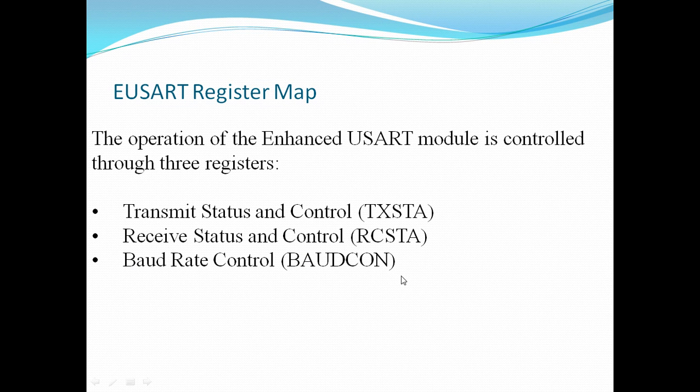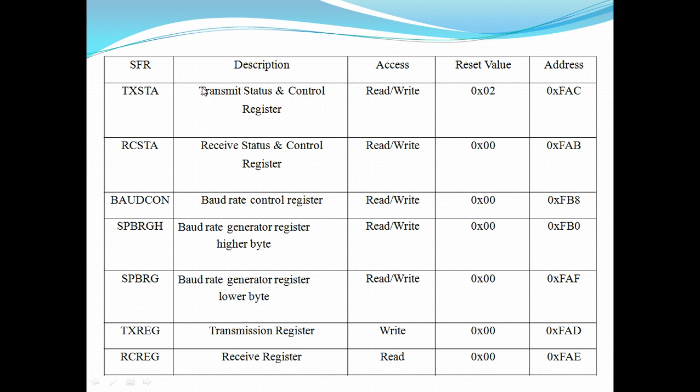In the third register we can set the baud rate. It is the baud rate control register, called BAUDCON. Here we can set the desired baud rate for data transfer through serial communication. So these are the registers used for data transmission through serial communication: TXSTA, RCSTA, and BAUDCON.